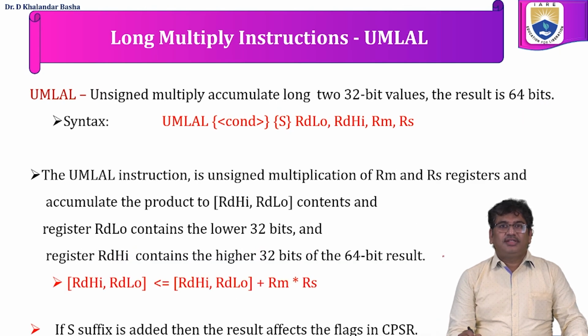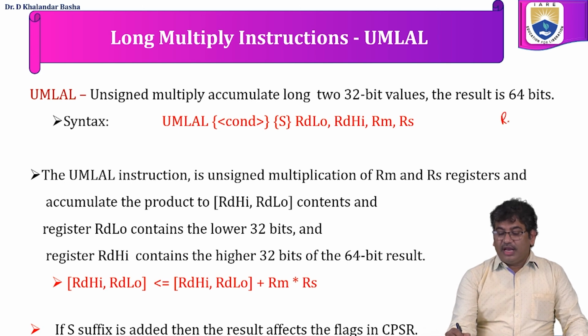The next instruction is UMLAL, which is unsigned multiply and accumulate long of 32-bit values, and the result is 64-bit size. The syntax of the instruction is UMLAL, condition, S, RDLO, RDHI, RM, RS.